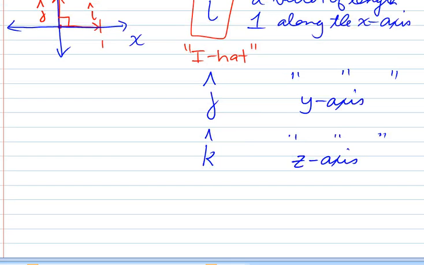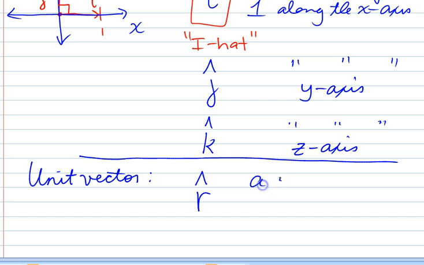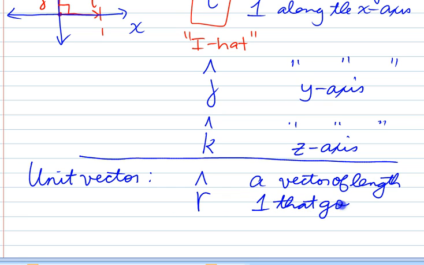Alright, now let's say a little bit more about what a unit vector really is, because it can be in any direction. Basically, if I have a unit vector r hat, well, that is a vector of length 1 that goes along a radial axis.